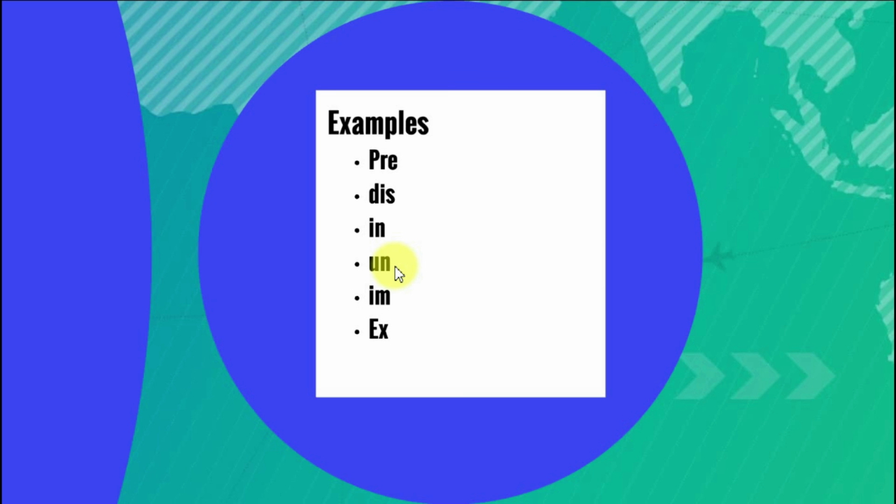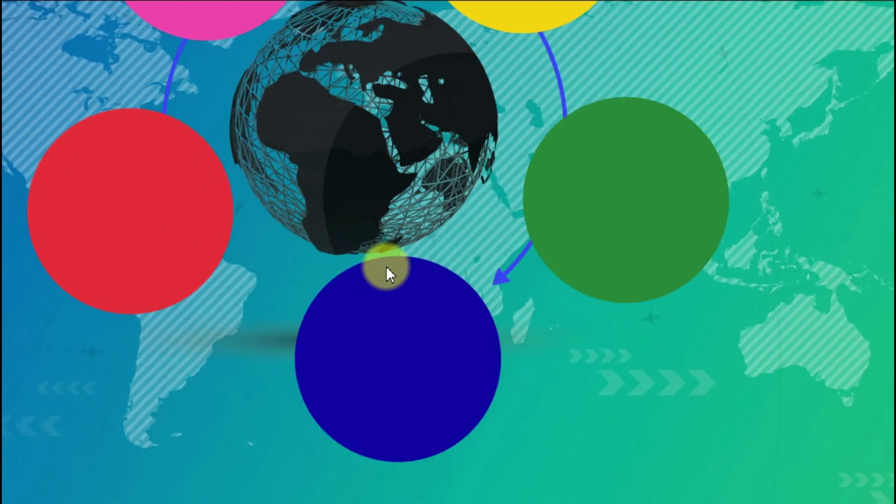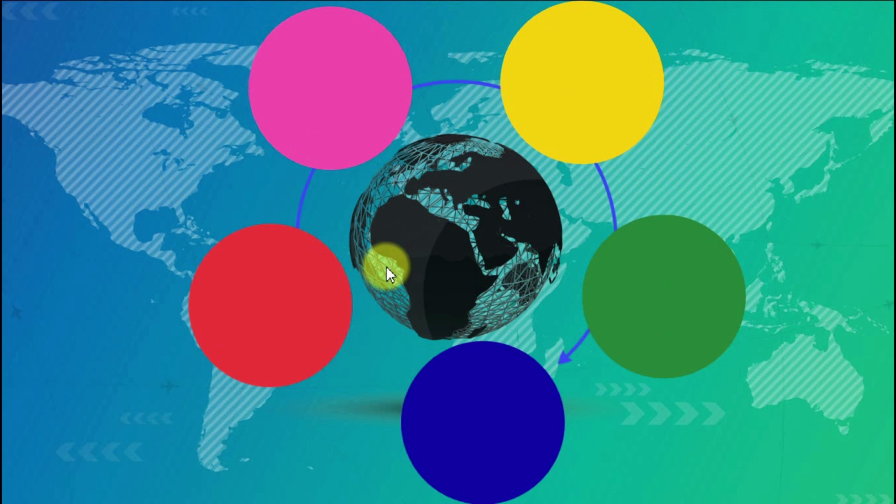So like is a free morpheme and dis is a bound morpheme. I hope you understand free morpheme and bound morpheme. If you practice, I hope you will understand exactly all of them.